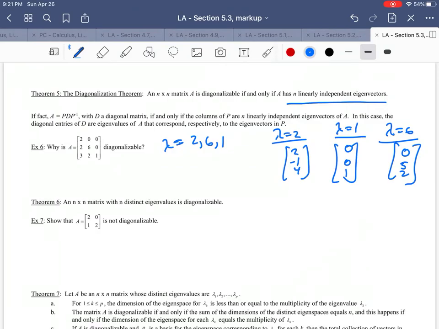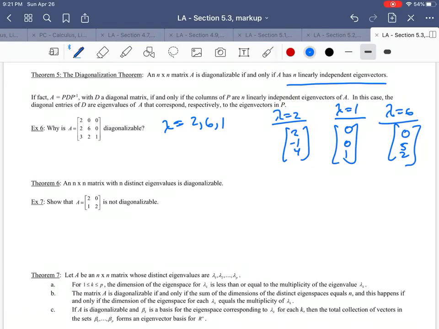So in example 7, show that this is not diagonalizable. So what's happening here is I have the same 2 eigenvalues. I have 2s across the diagonal and 0 on the top. Actually, it's not a diagonal matrix. It's an upper triangular or lower triangular matrix, I guess it's called. Sorry, I get these confused. And so 2 is my eigenvalue.